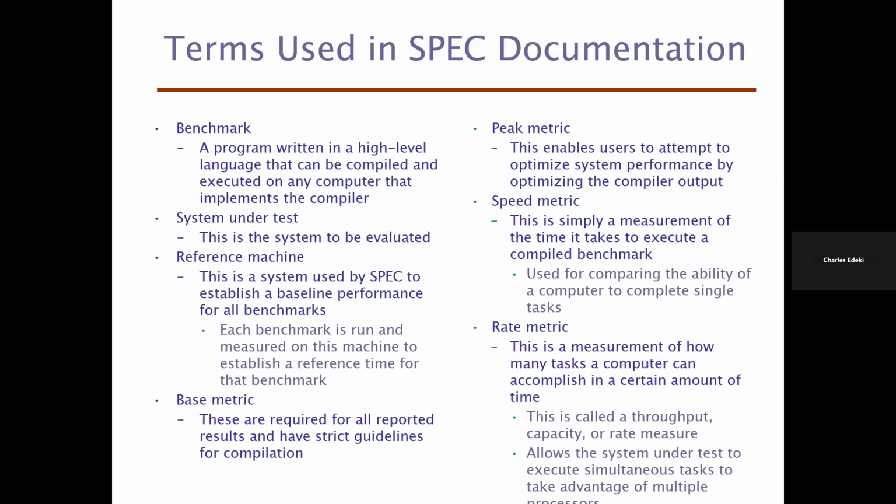Then we have the system under test. This is the system that we want to evaluate. Then we have the reference machine, etc. So again, take a look if any question.